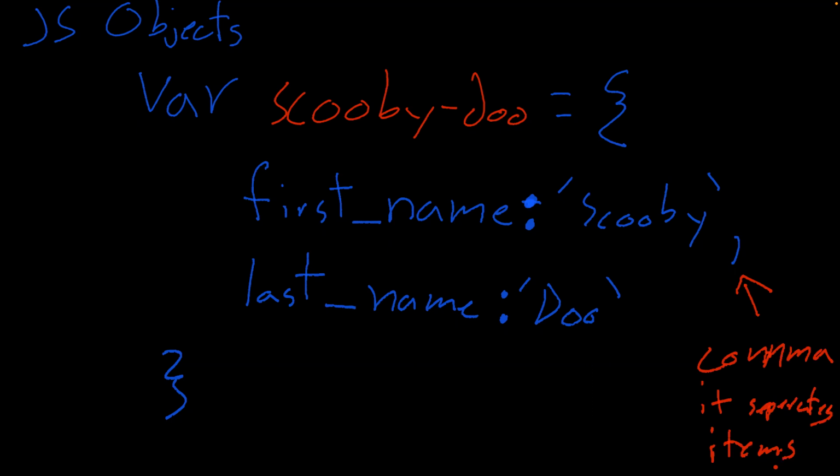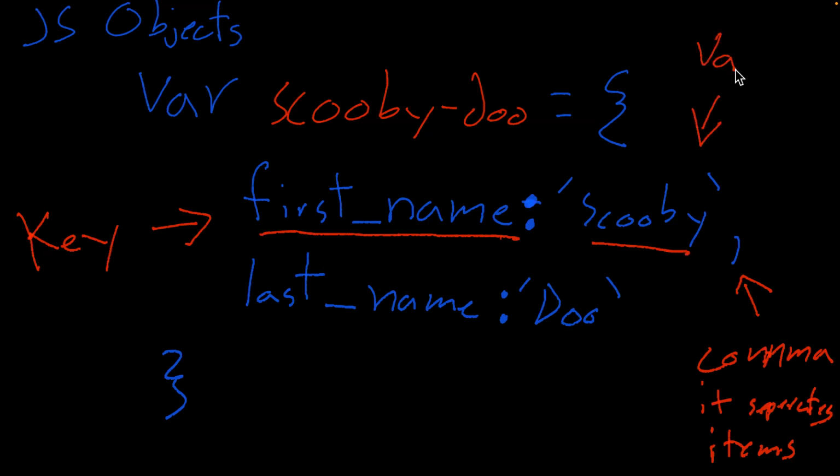Okay, so let's highlight what these are. Key value pairs. So here's the key, and here's the value. Instead of having an index as the place in the array, now we have the key holding the value by that key name.